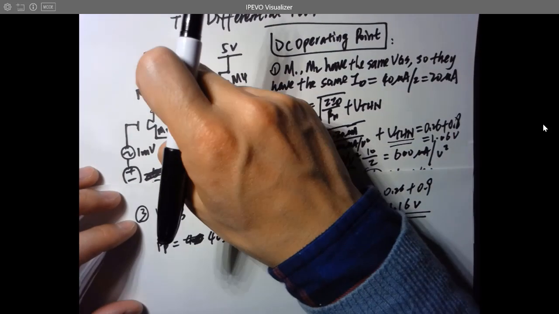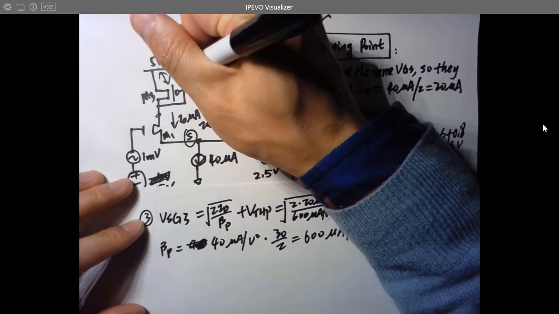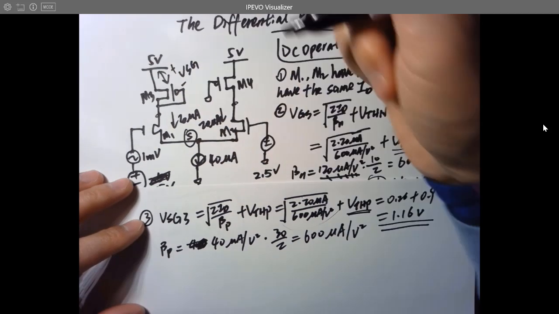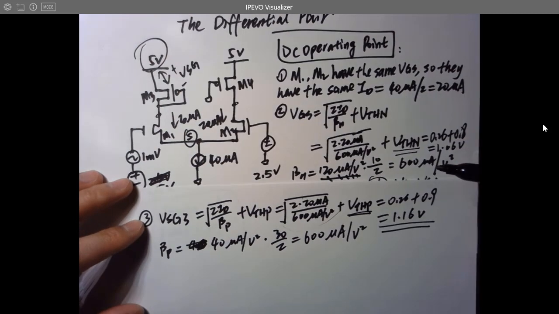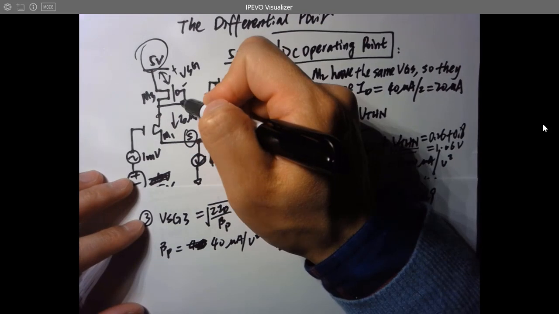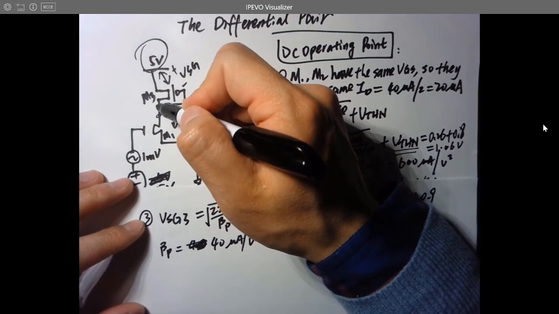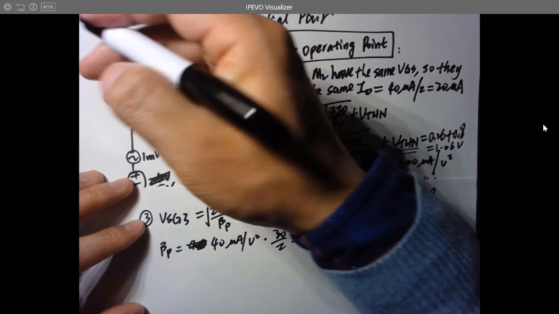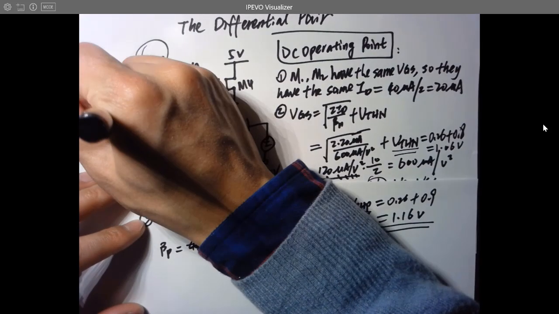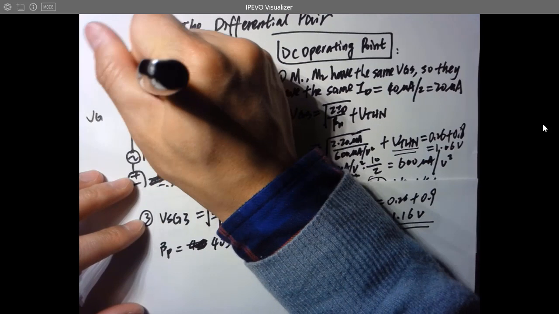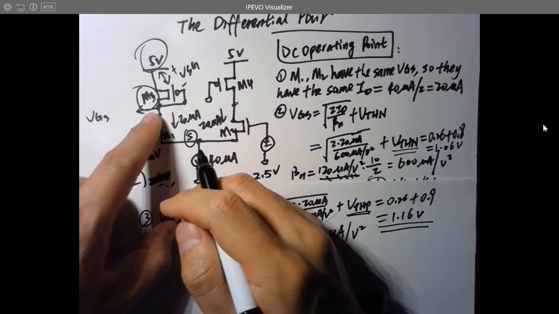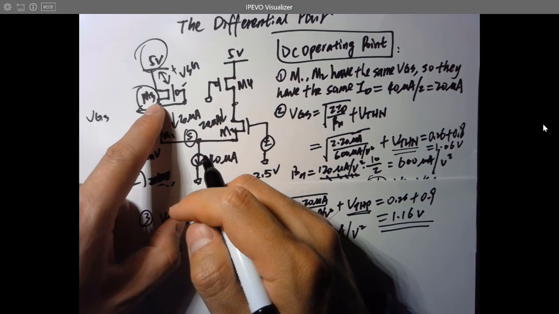We know VSG here, right? And we know 5 volts, we know VS. So we can definitely get VG. And VG equals the voltage at this point as well. And this point is going to be VG3, right? So the gate voltage for the M3 transistor.